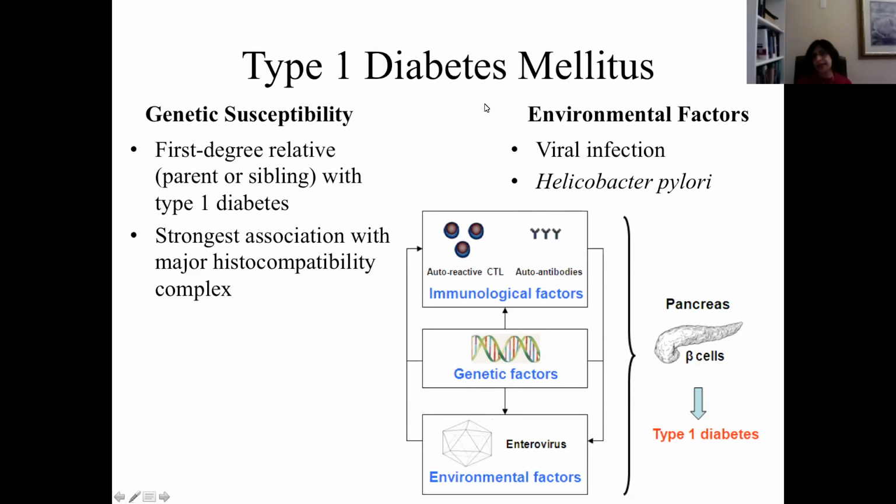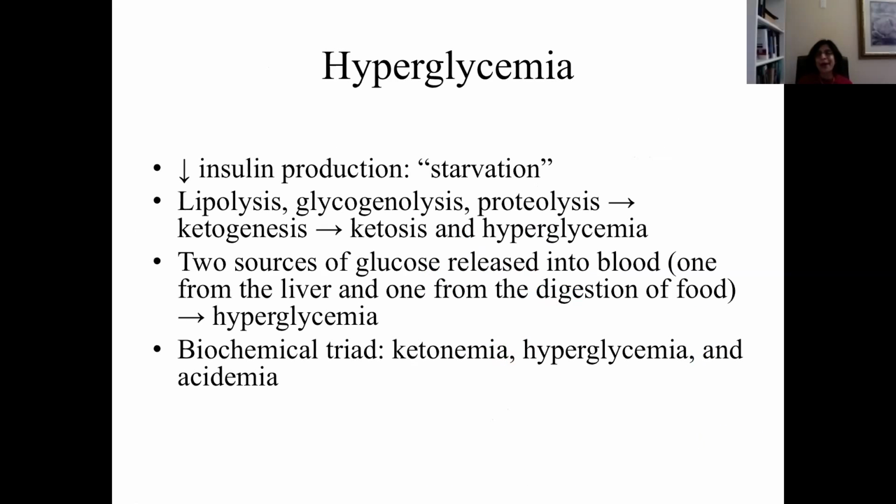That affects the pancreas, and therefore pancreatitis, and then diabetes. So all of those are shown here, and now beta cells are destroyed, and that leads to type 1 diabetes.